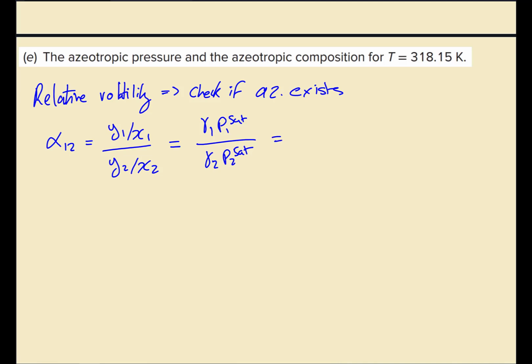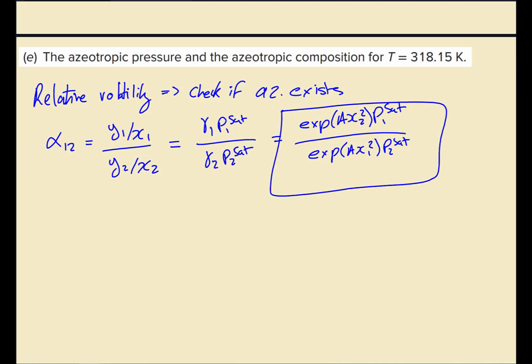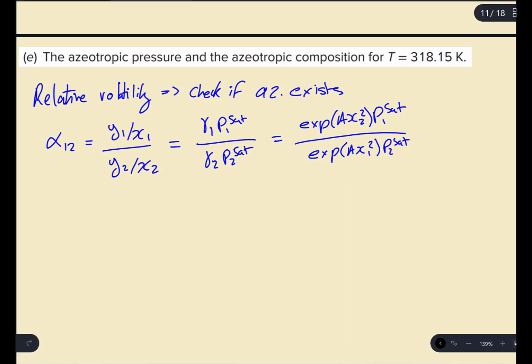If we plug in the equation for the activity coefficients, we put the exponential, then we have exponential A x2 squared P1 sat over exponential A x1 squared P2 sat. Now we're going to look at this equation and look at the limits when x1 approaches 0 and x1 approaches 1, meaning when I have 0% methanol and when I have 100% methanol.